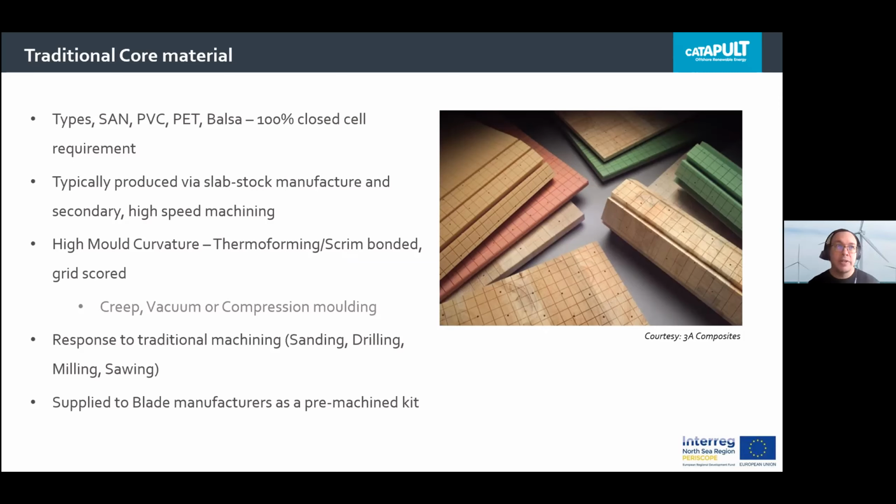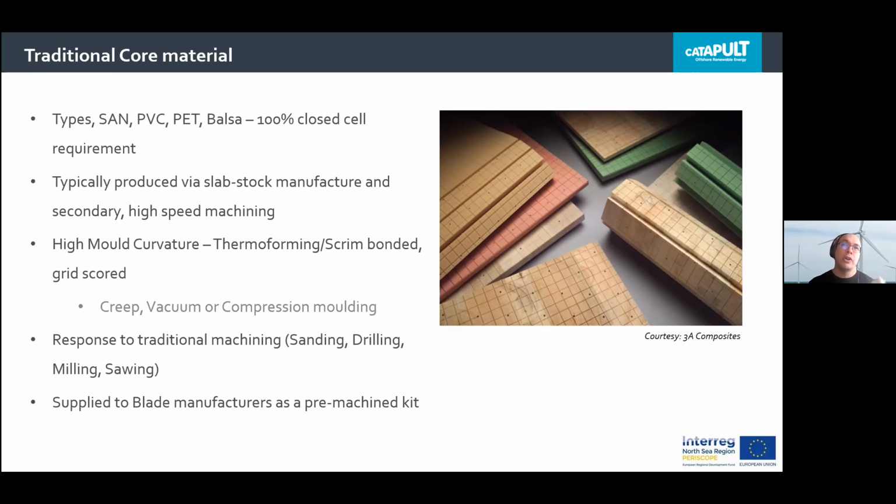So all these materials respond very well to traditional machining, and that's why they've seen such large scale implementation at fairly low costs, because they're using traditional technologies that are well understood: high speed milling, sanding, drilling, all those mechanical subtractive techniques used to produce them.